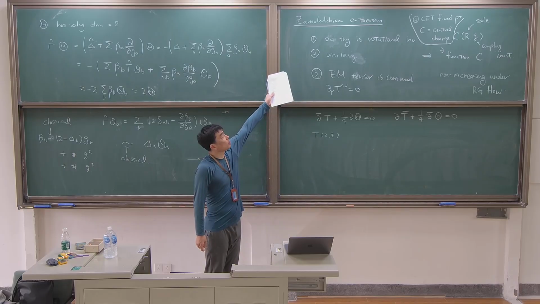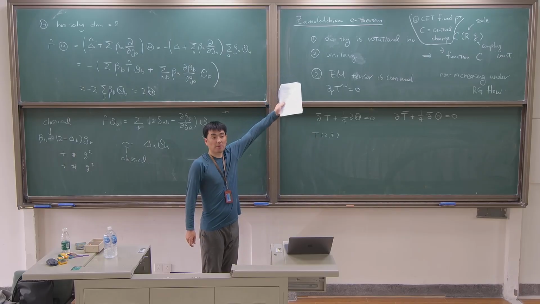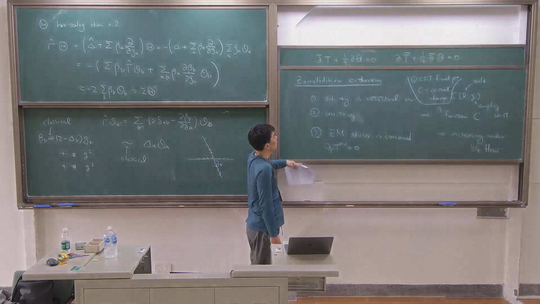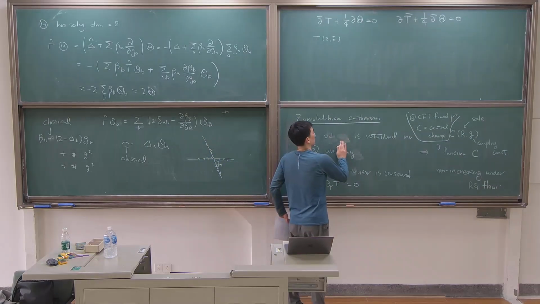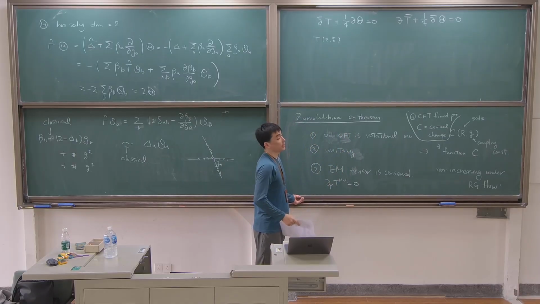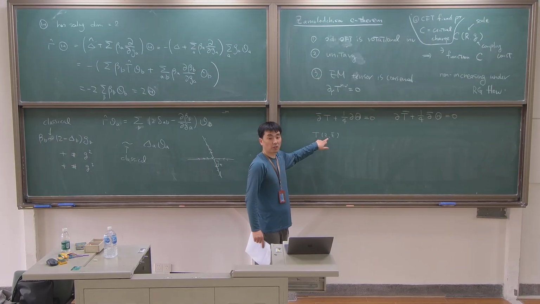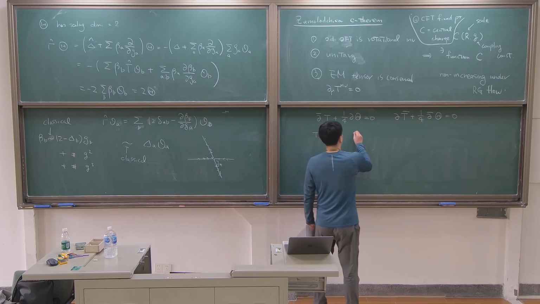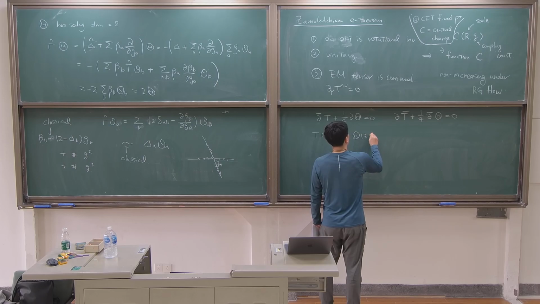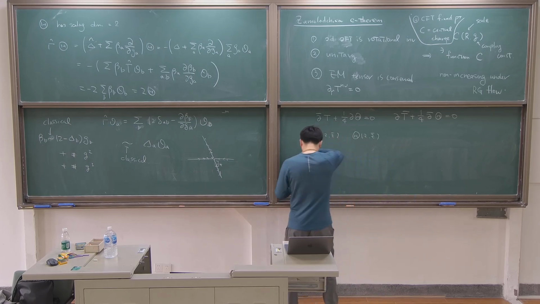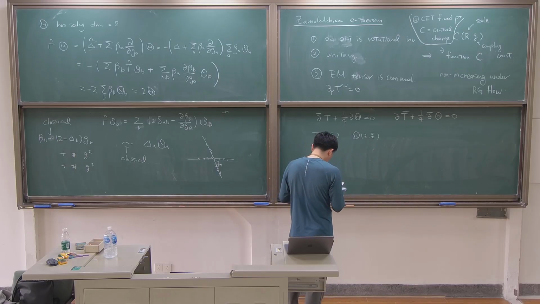We just assume any two-dimensional quantum field theory, so it's not a conformal field theory. You don't assume the holomorphic factorization of the stress energy tensor. It has z and z bar dependence, and theta also has z and z bar dependence.